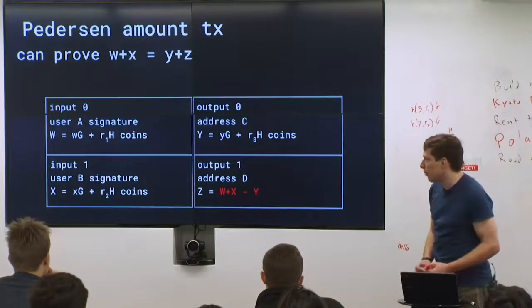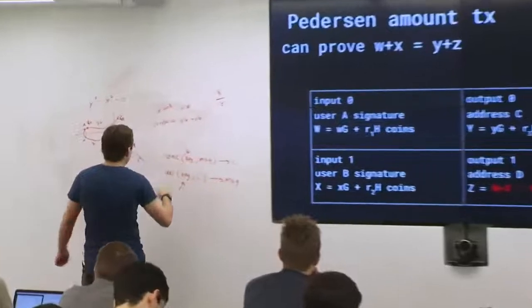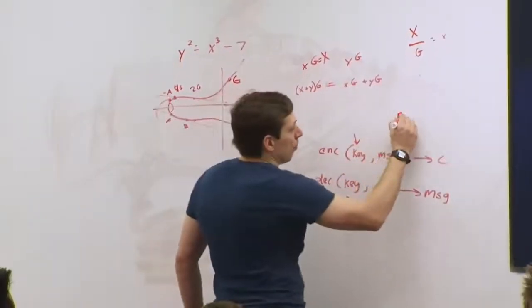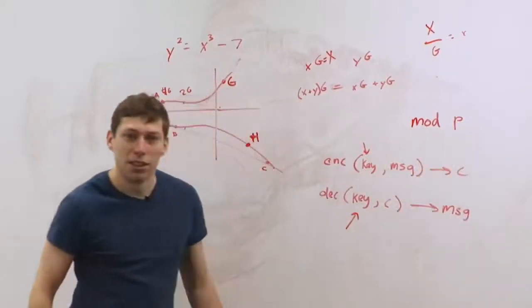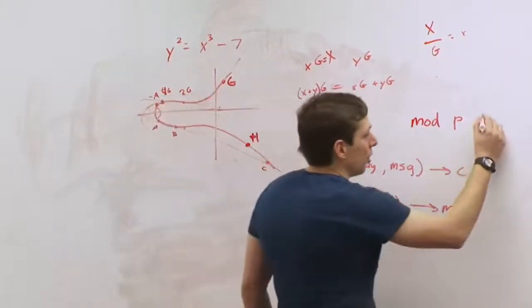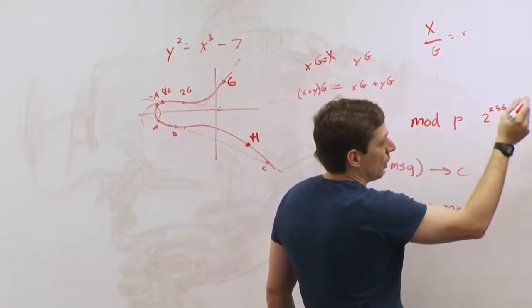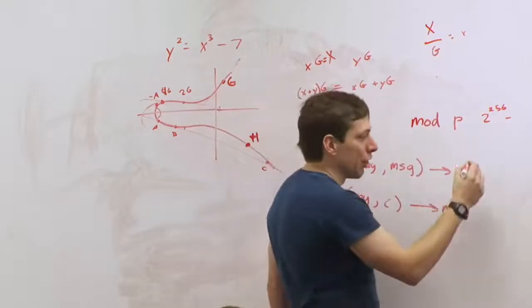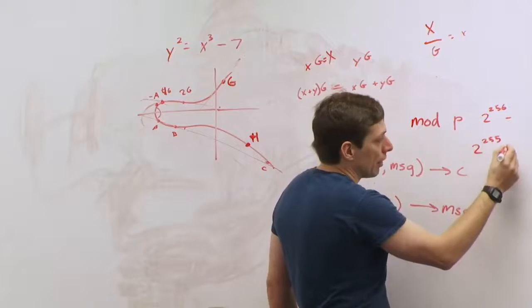Anyone have any idea about the big problem? As a hint, all of these things, and I haven't written it because it gets really redundant, are mod p, right? Which is some giant prime number. In the curve Ed25519, it's 2 to the 255 minus 19.